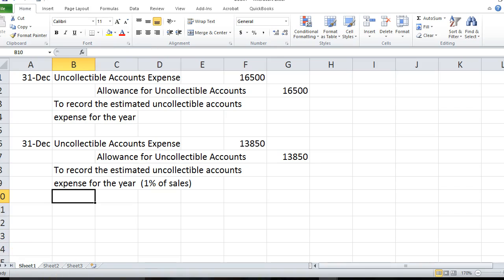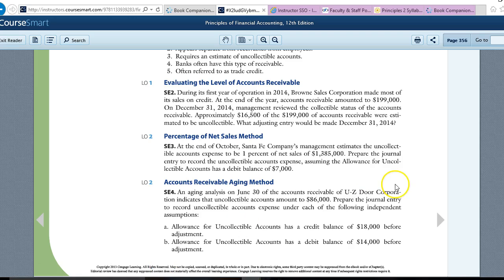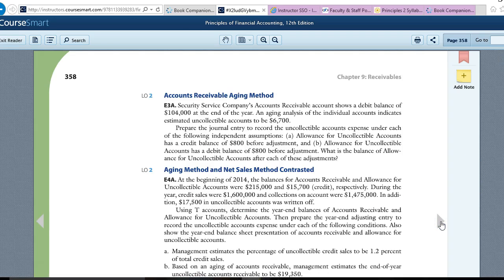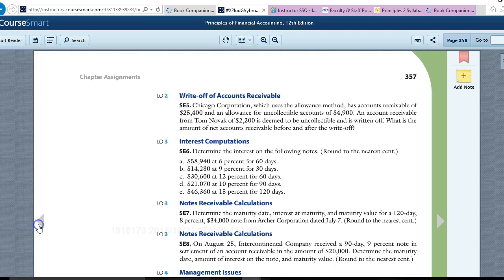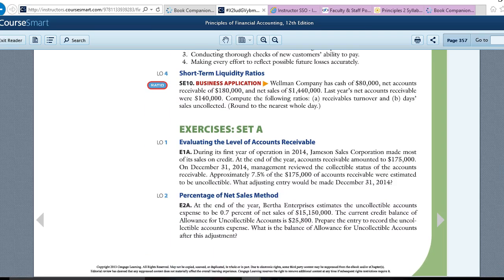E2A shows us at the end of the year, Bertha Enterprises estimates the uncollectible accounts expense to be 0.7% of net sales of $15,150,000.